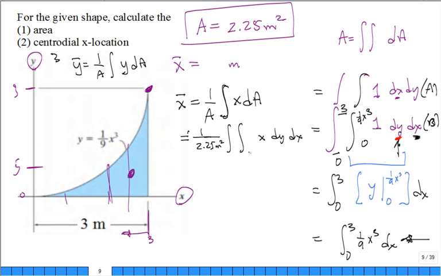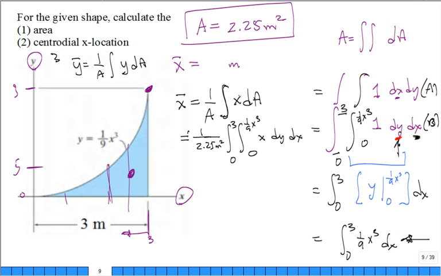And so will it have the same limits, 0 to 1/9 x cubed, and the same limit where x goes from 0 to 3? How many students will forget to divide by area? Don't do it, right? Don't forget to divide by the area.